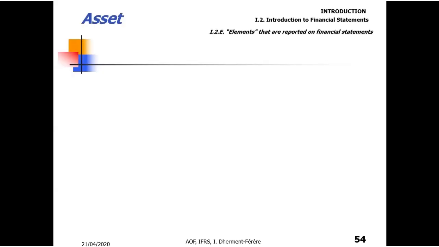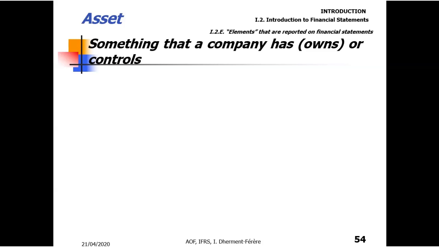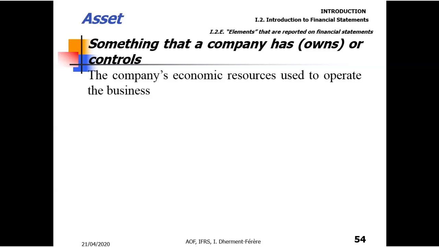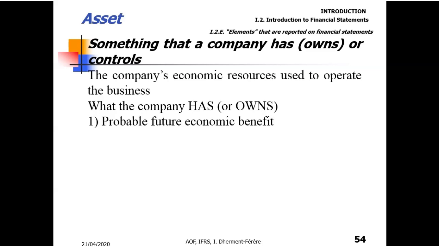So, what is an asset? It's something that a company has, owns, or controls. The company's economic resources used to operate the business. So, what the company has or owns? You must have three conditions. 1. Probable future economic benefit. 2.